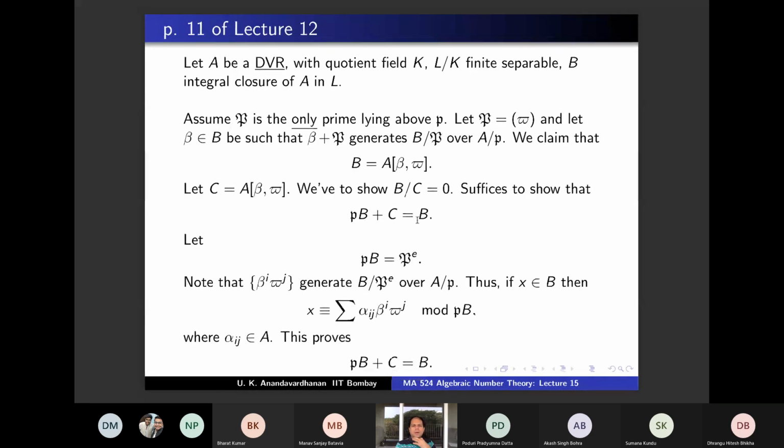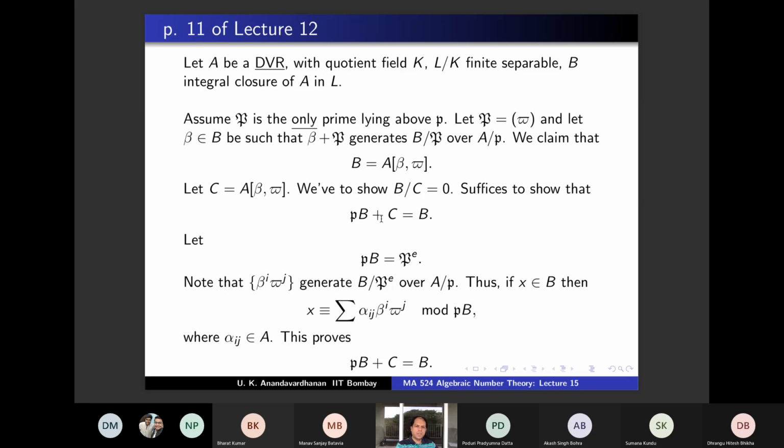Okay, so by Nakayama, we have shown that D by C, this divided by C, is P times B by C. So P times B by C equals B by C. And B by C is a finitely generated module because B is a finitely generated module.